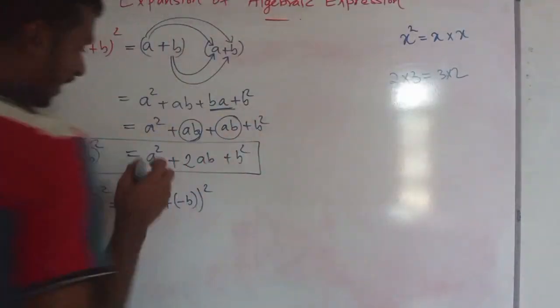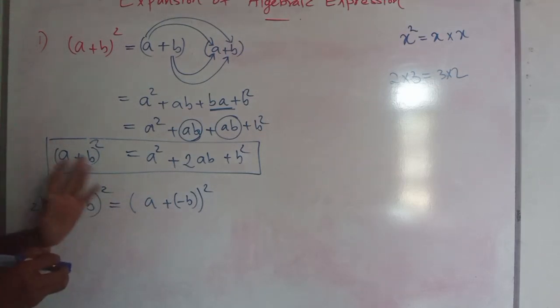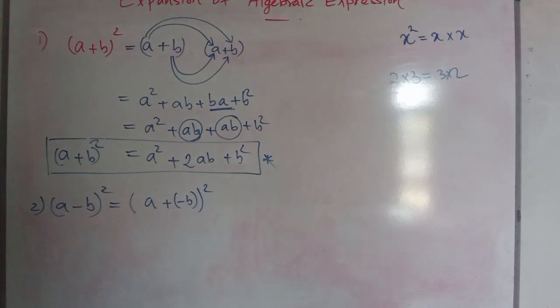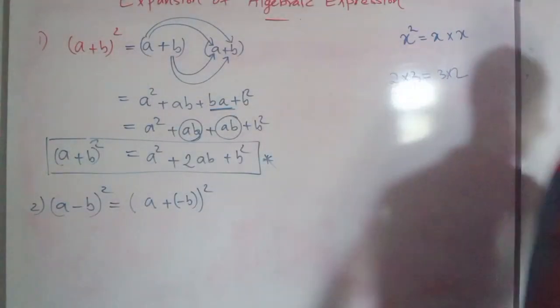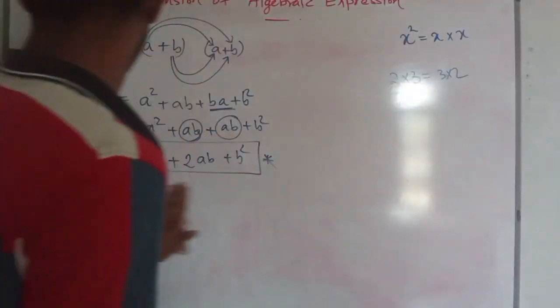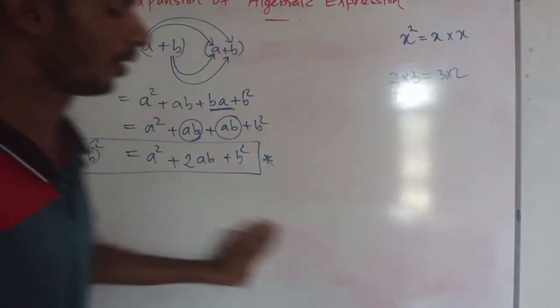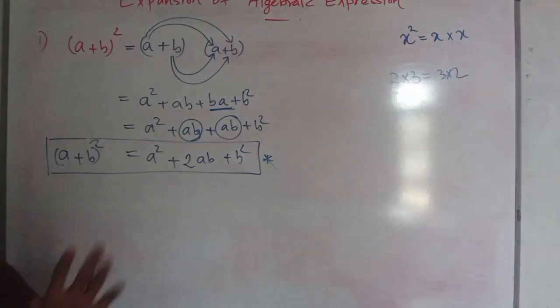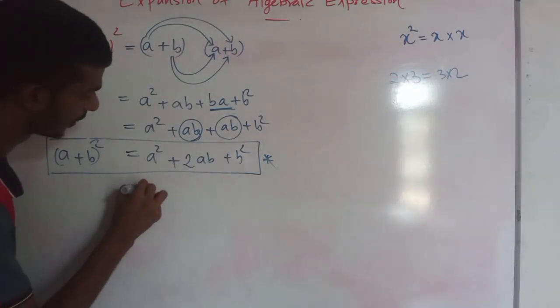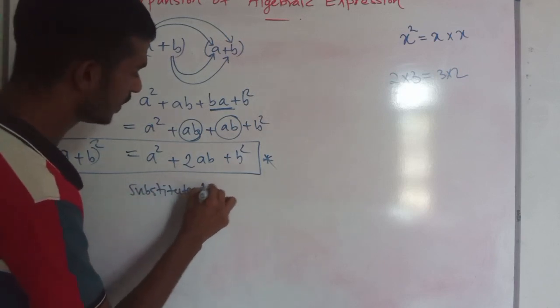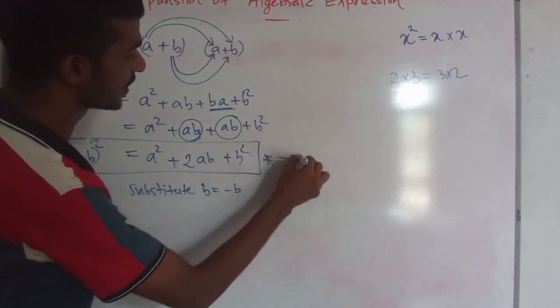Now wherever I have b in this equation, I will just, otherwise I can write it in this way. Okay, wait. From the first result that we have obtained, I will just apply, so substitute b equals minus b in this first equation.